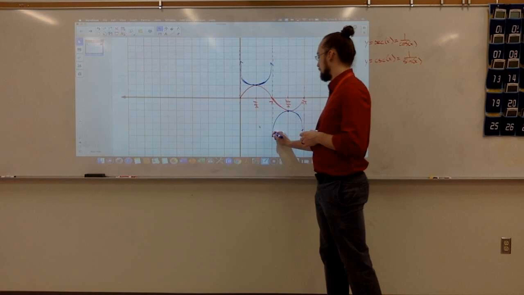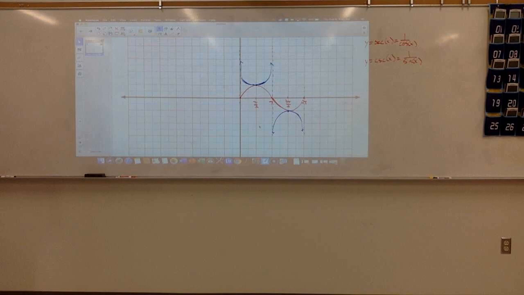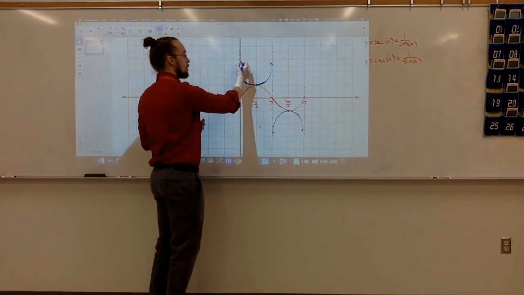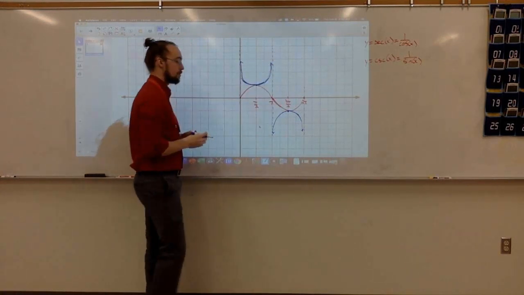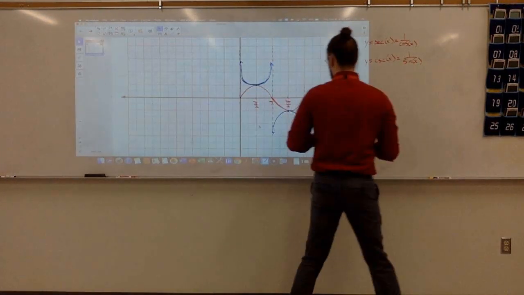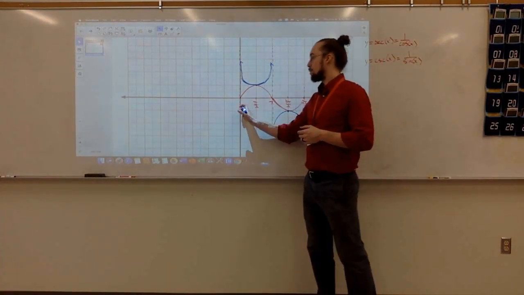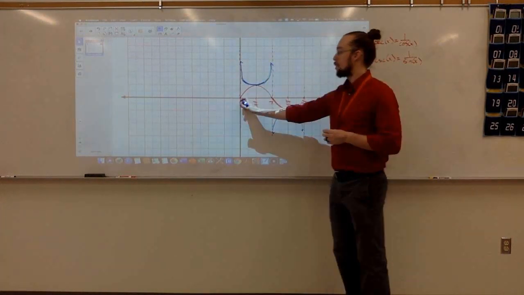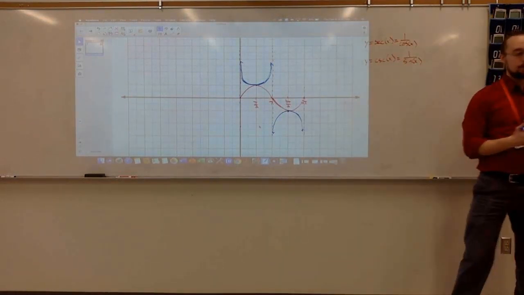It's not super important that you can literally take the reciprocals of these points. What is important is that we can graph the sine curve, and then we see that the cosecant curve is really closely related to it, because the asymptotes of our cosecant curve correspond with the places where the sine curve crosses the midline.